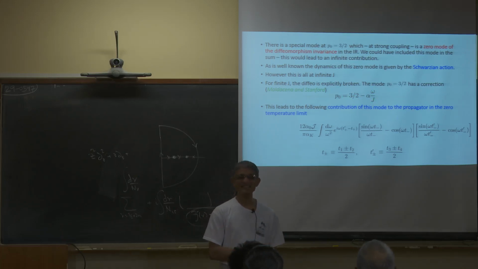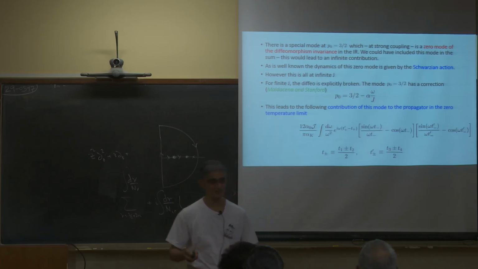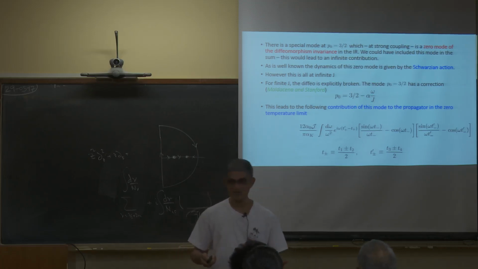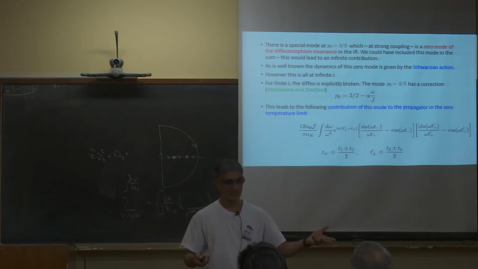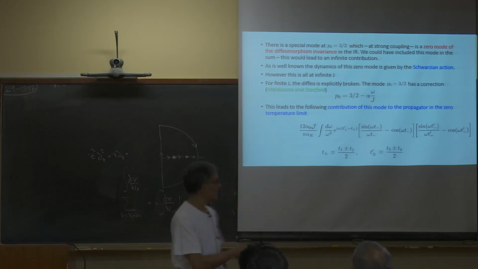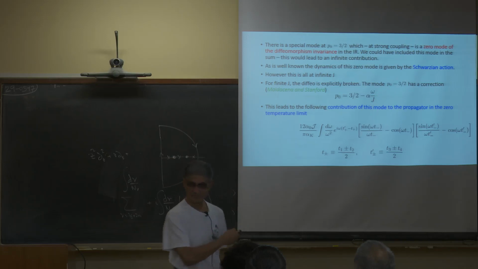In a sense, the correction had to be an expansion in omega upon j, because there is nothing else there. j is a quantity with dimensions of mass, and the only other thing there is the frequency. So we would expect that an expansion in 1 upon j is probably an expansion in omega upon j, and this is the first term. These are all at 0 temperature. Otherwise there will be other things.